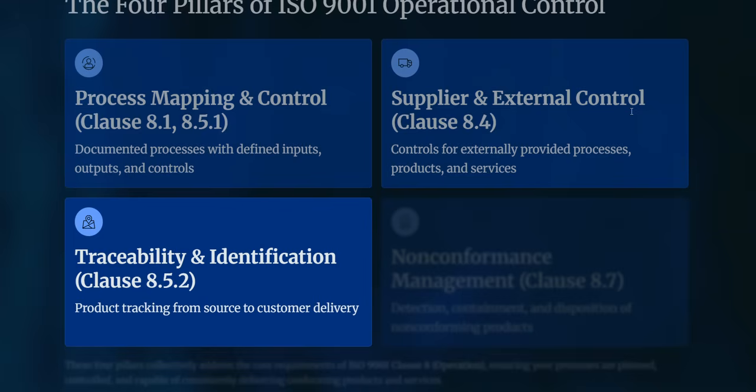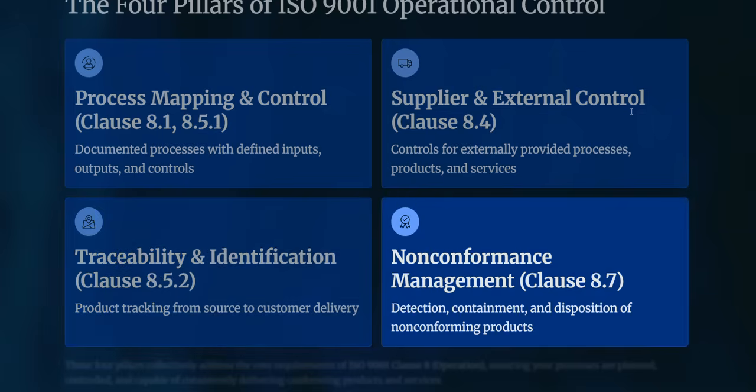The third pillar is traceability and identification, and that will fulfill the requirement of Clause 8.5.2, which is product tracking from source to customer delivery. Fourth pillar, we have non-conformance management, which fulfills Clause 8.7, which is detection, containment, and disposition of non-conforming products.